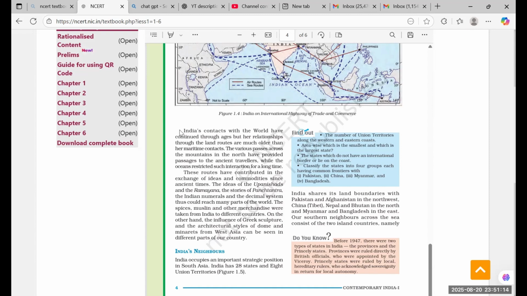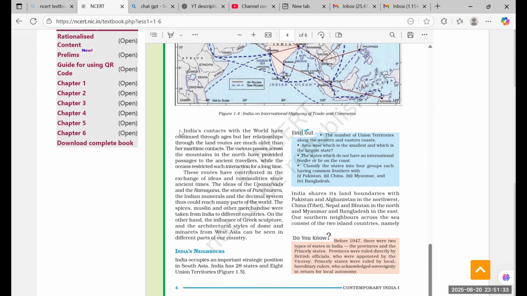How can we forget Huan Sang and It Singh, who came as travelers, and when they went back to their own countries, they talked very highly about India.